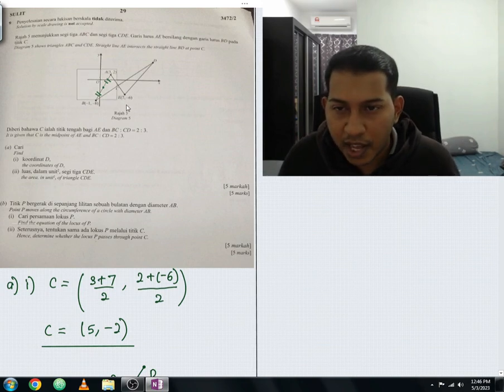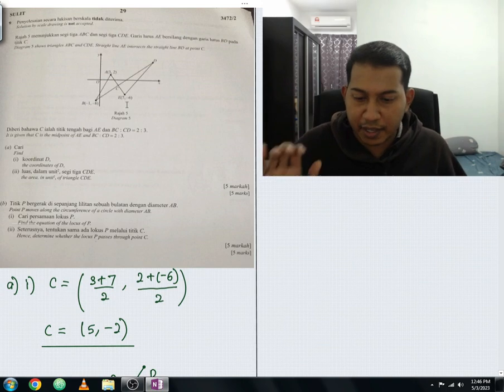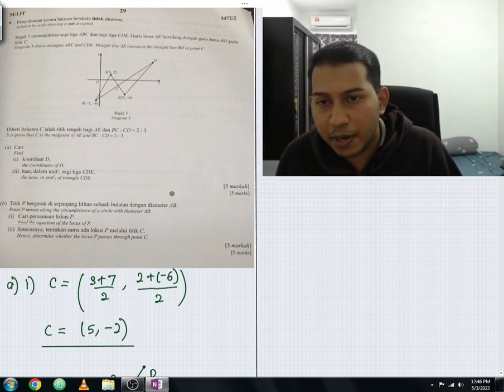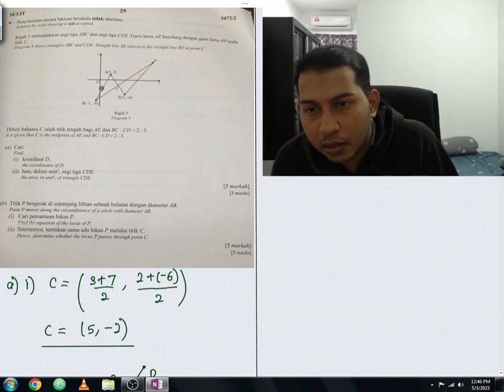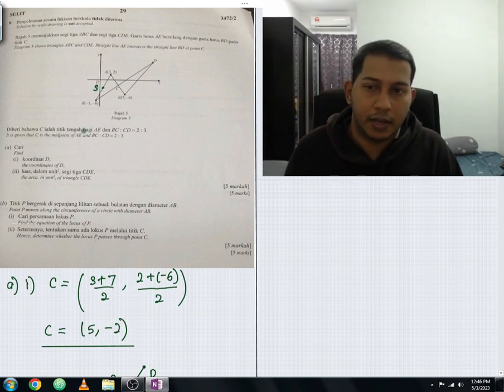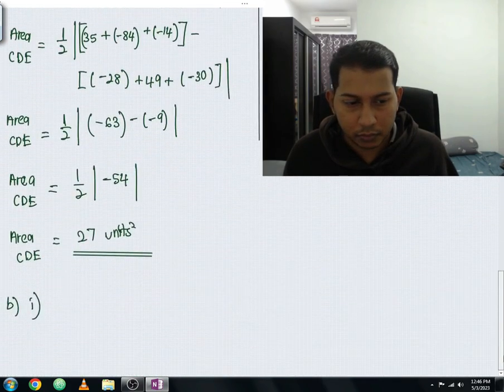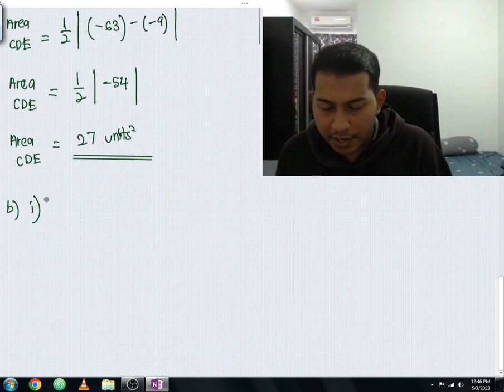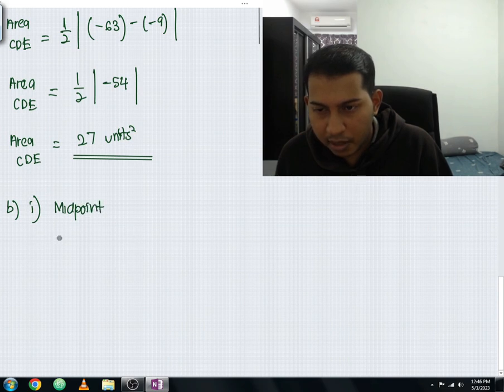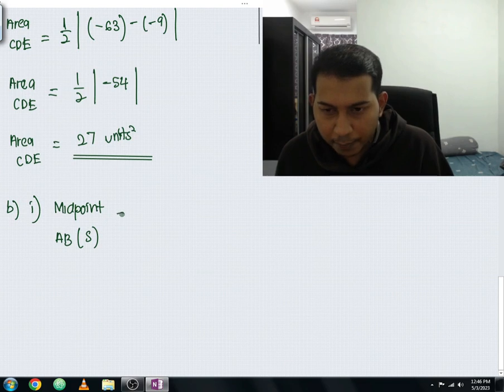So from here, our first step will be finding the midpoint of AB. Midpoint of AB means, in this case, let us denote it as letter S. So just write here midpoint AB, or in this case we write it as S. So from here, 3 plus with negative 1, and then divide with 2.